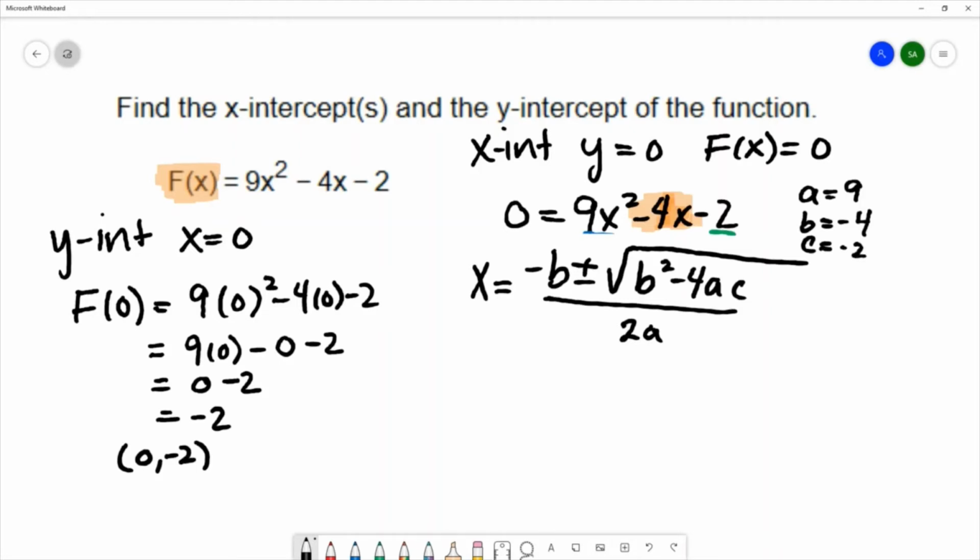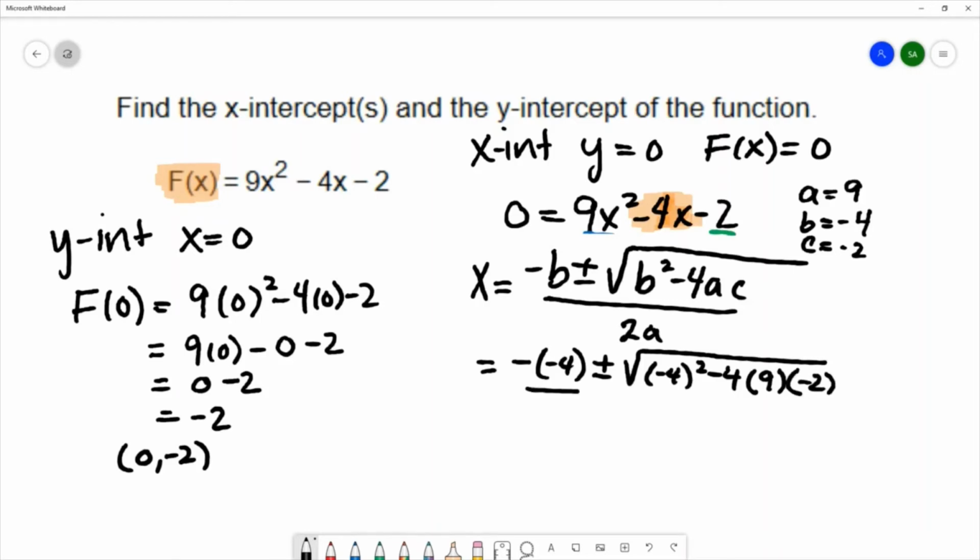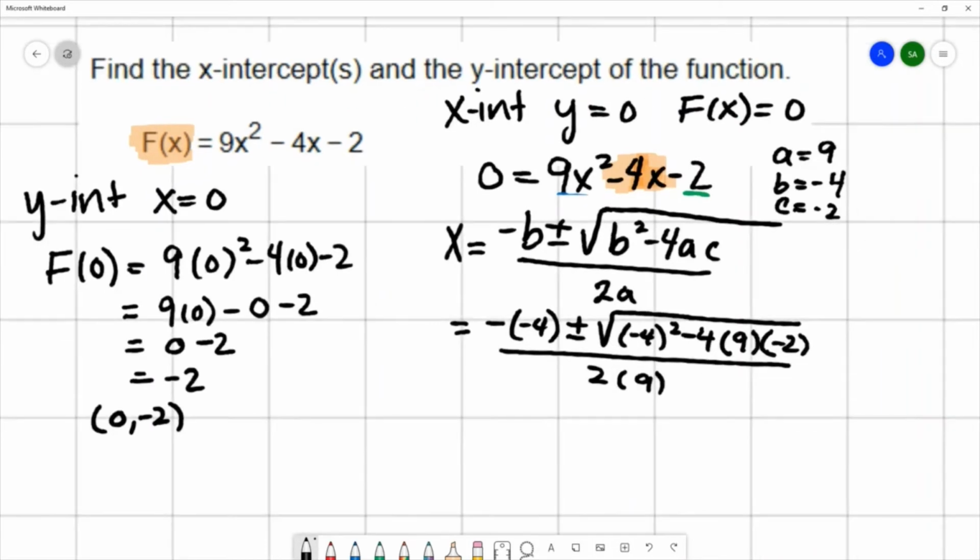I'll substitute these values into the quadratic formula, which will give me negative b plus or minus the square root of b squared minus 4 times a, which is 9, times c, which is negative 2, all divided by 2 times a, which is 9. Then I'll begin to simplify this using order of operations.